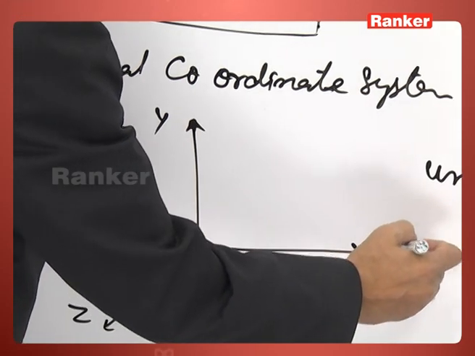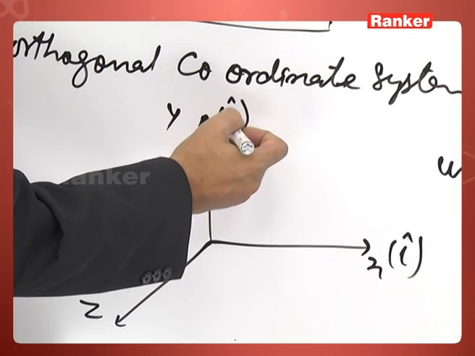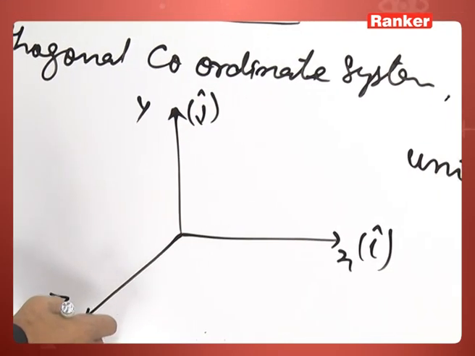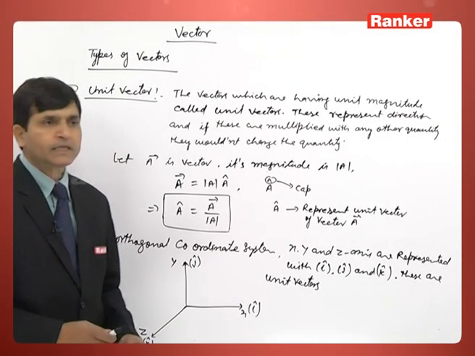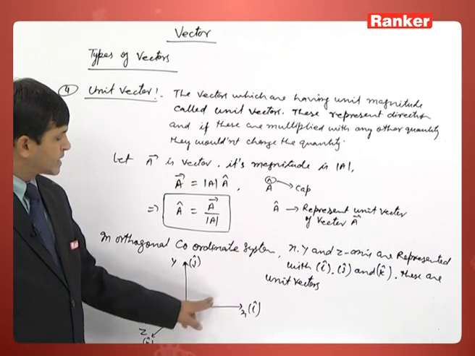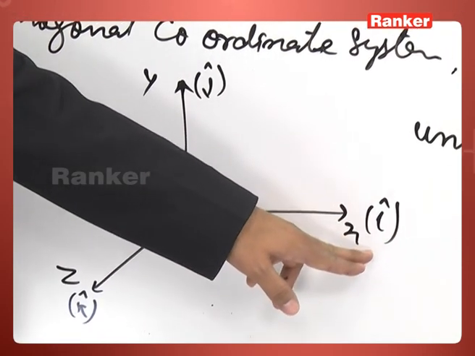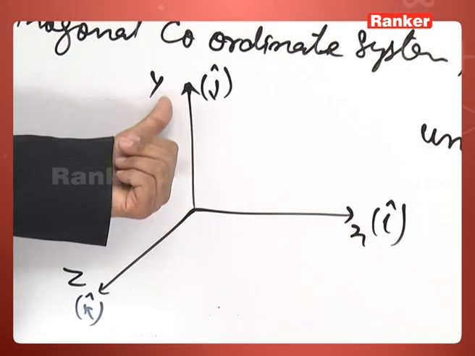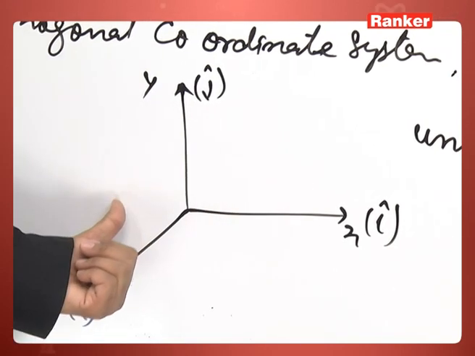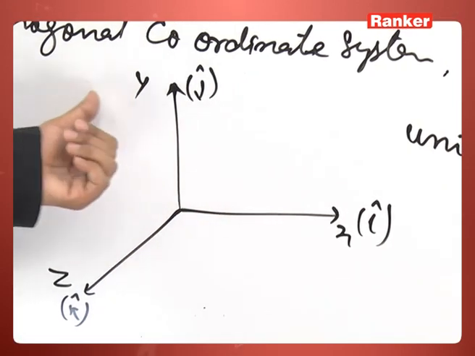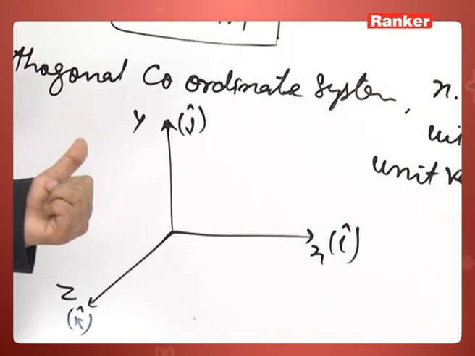We can say x means i cap, y means j cap and z means k cap. If any vector is along x axis, we write i cap, along y, j cap, along z, k cap. So, these are the representations of orthogonal unit vectors in terms of i, j and k.